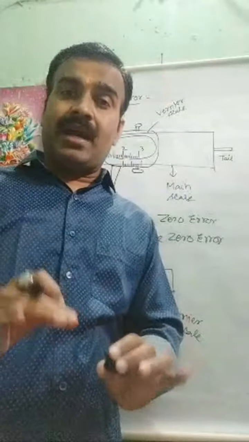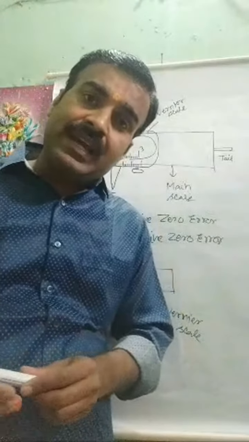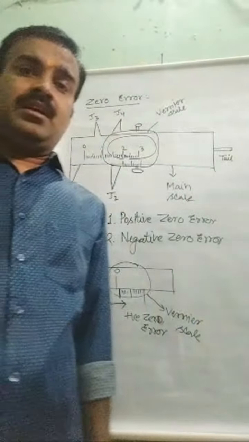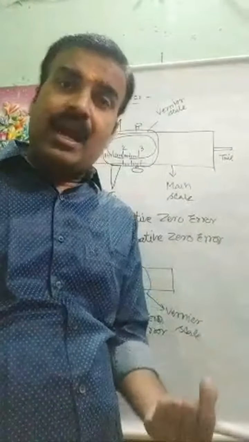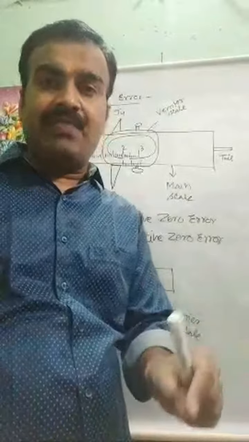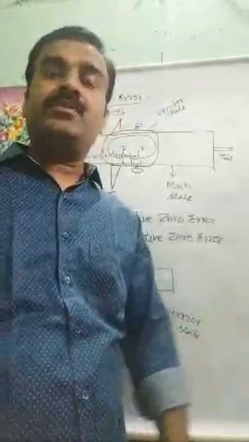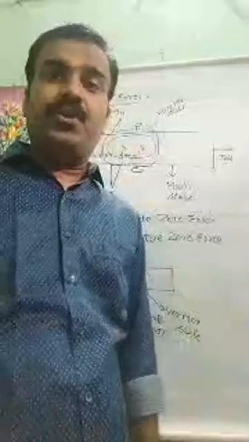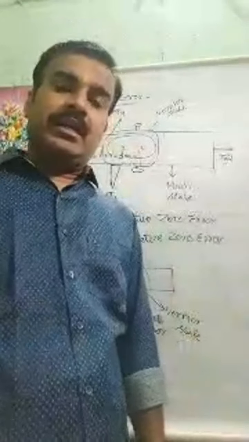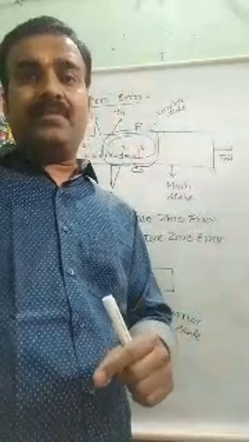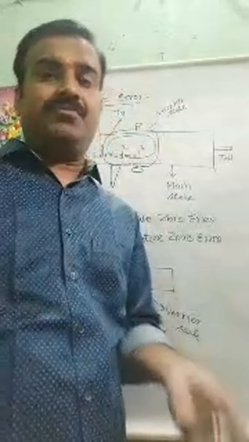Keep this thing in mind. If positive zero error, correction will be negative, and if negative zero error, correction will be positive. Reverse in nature. For the calculation, positive zero error, correction will be negative. Negative zero error, correction will be positive.